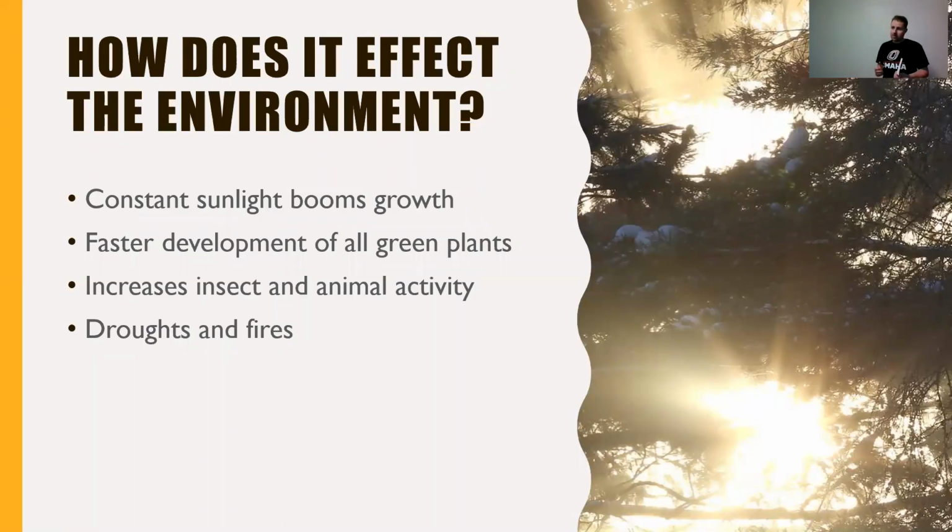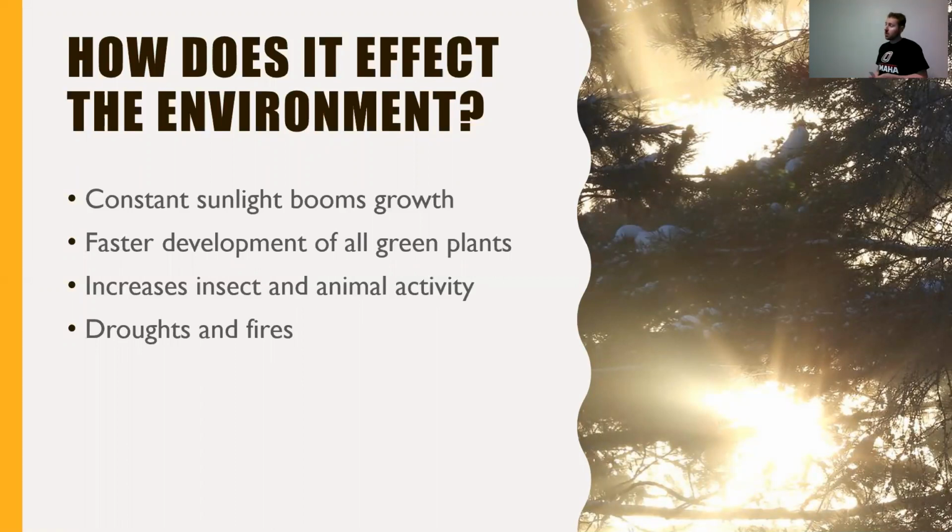So how does the polar day affect the environment? The polar day really helps the environment boom in many ways. Because the plant life has double the sunlight to grow, it's so beautiful over there. Everything grows at like twice the rate it does here in the States.